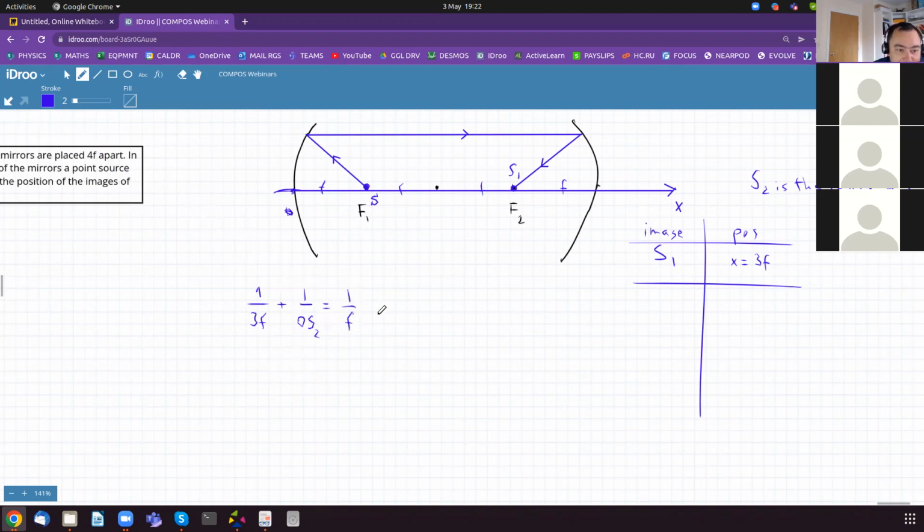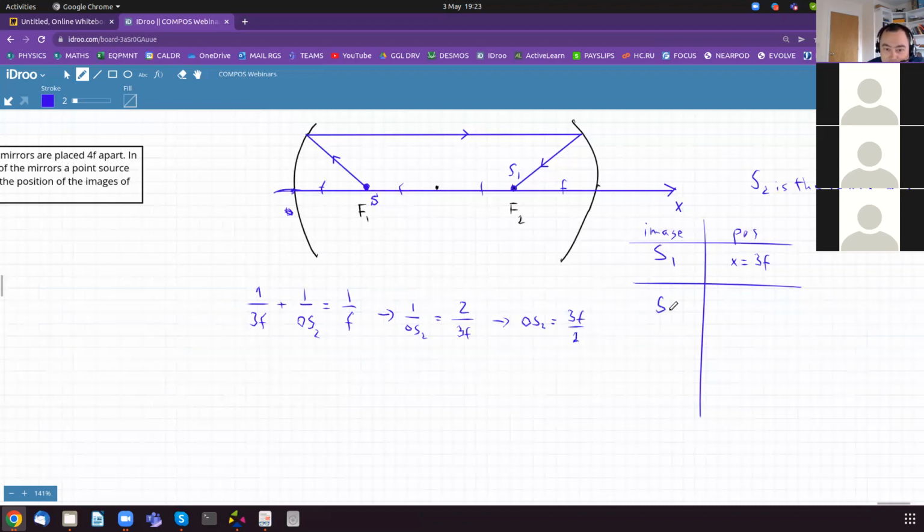From here, it's quite easy to spot that 1 over OS2 is 1 over f minus 1 over 3f, so it's 3 minus 1, which is 2 over 3f, so OS2 is equal to 3f over 2.